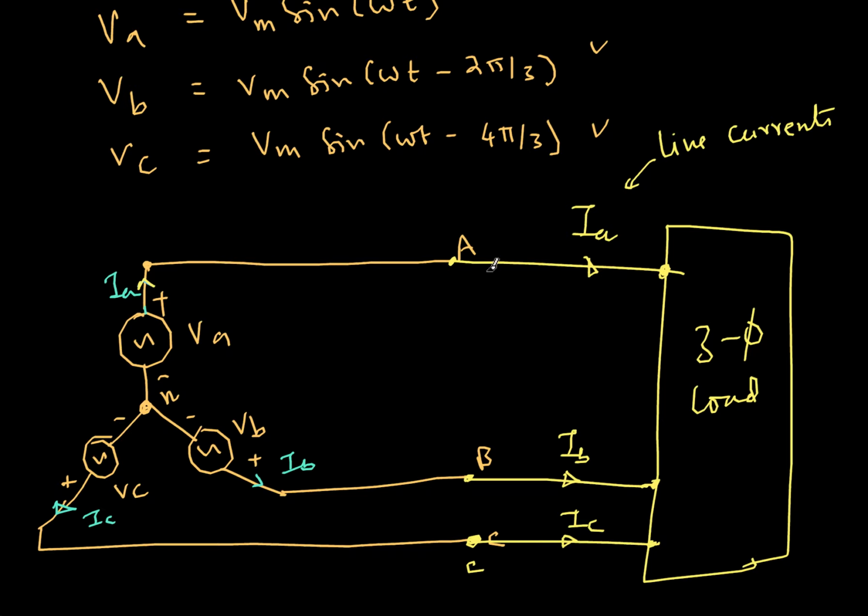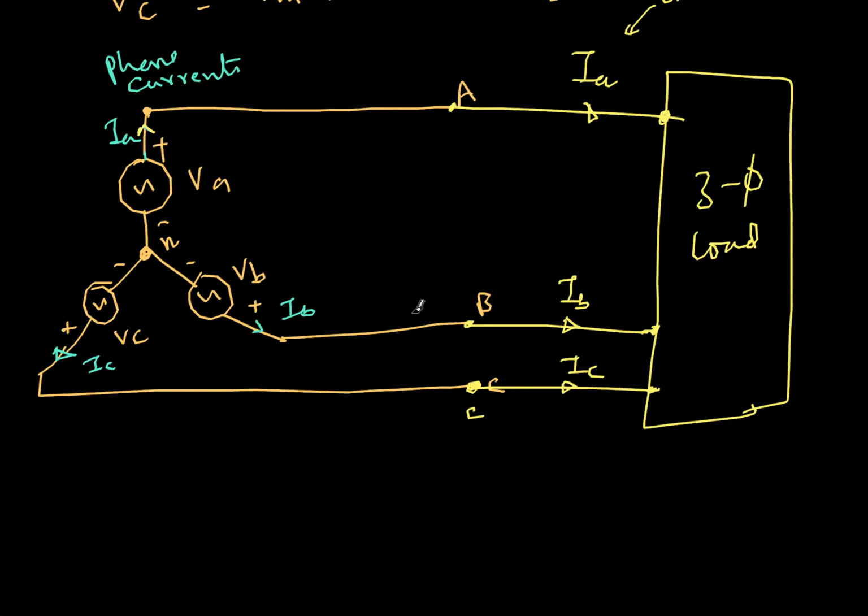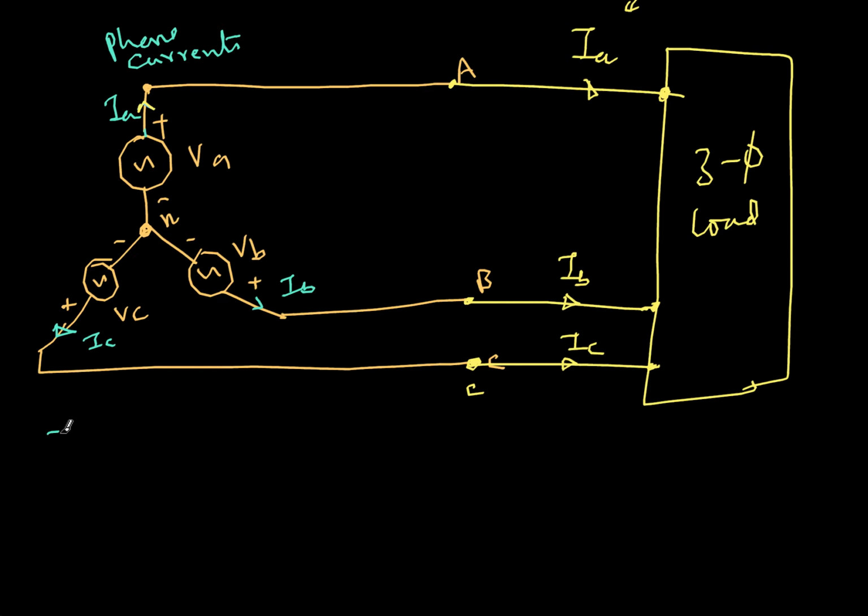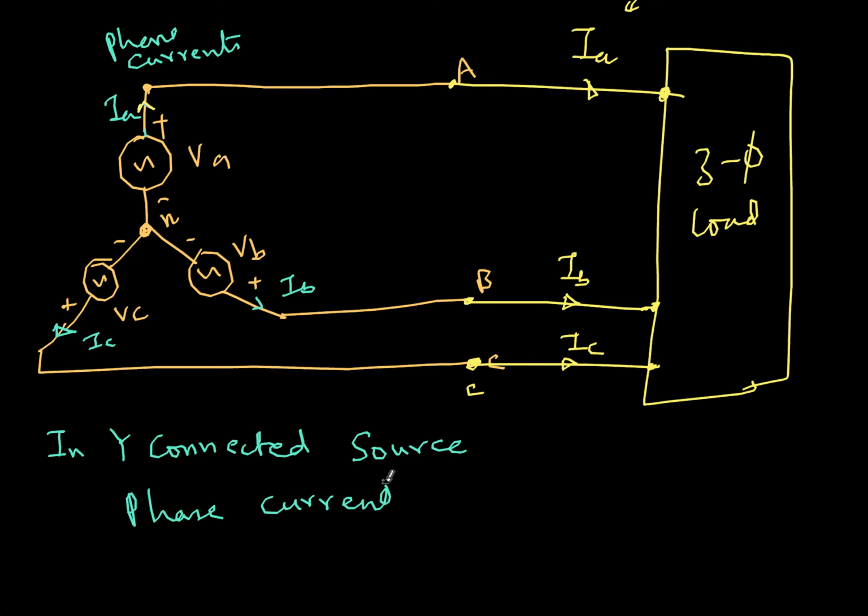So IA is equal to IA here. So immediately from this diagram we can notice that in a star connected source, phase currents are equal to line currents.